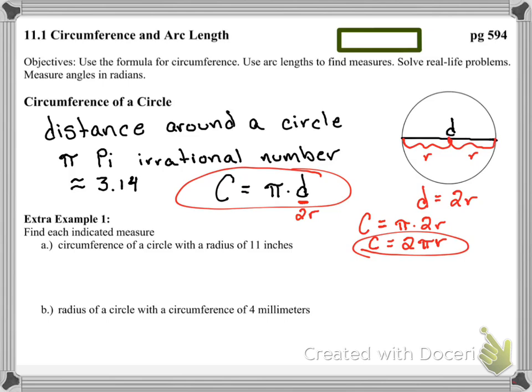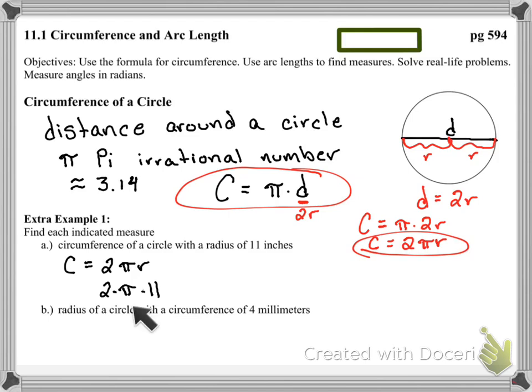So in example 1, we want to find the circumference of a circle with a radius of 11 inches. Since it has a radius of 11 inches, we can use C equals 2 pi r. I always really suggest you write the equation down first before using it. C equals 2 pi r. So 2 pi times a radius of 11. These are all multiplying.